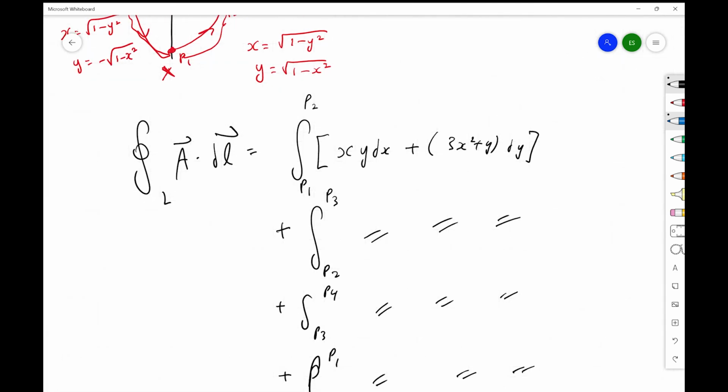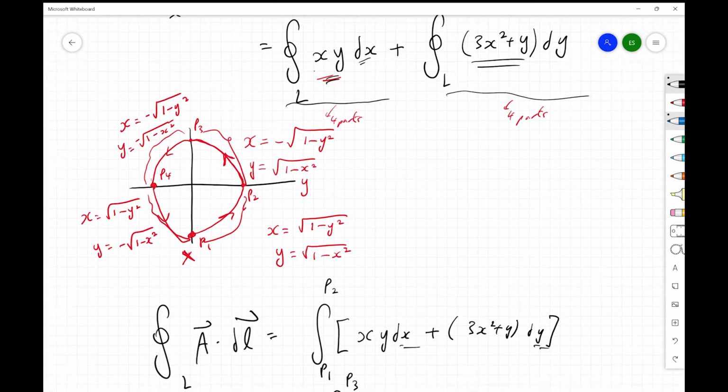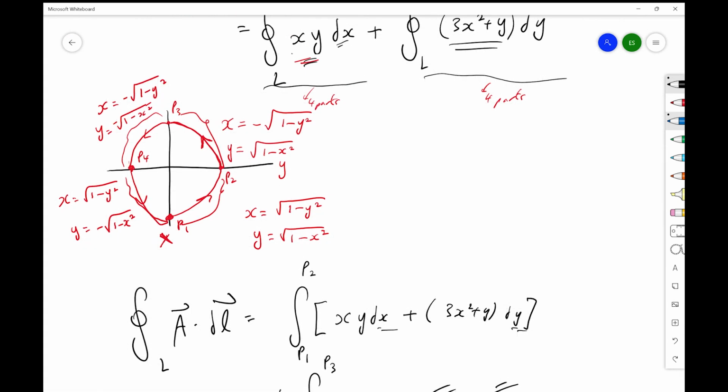So, and let me separate dx and dy. So x is going in the first arc here, x is going from 1 to 0, and y is going from 0 to 1, right?